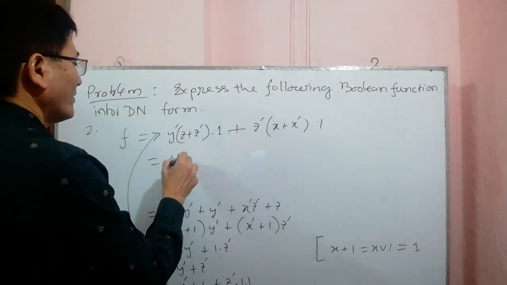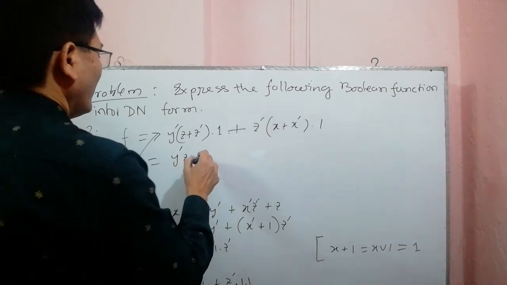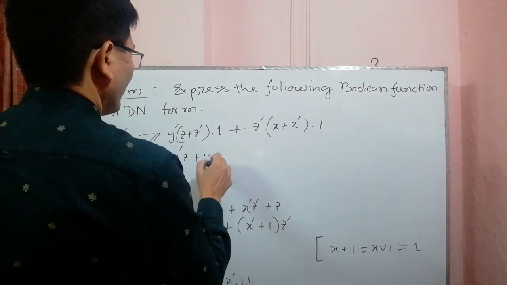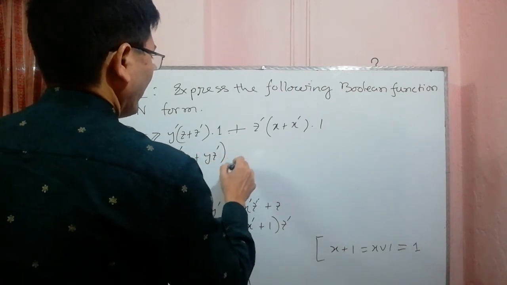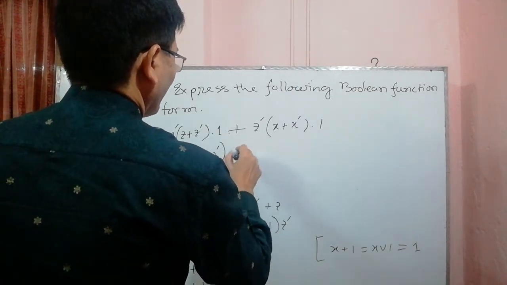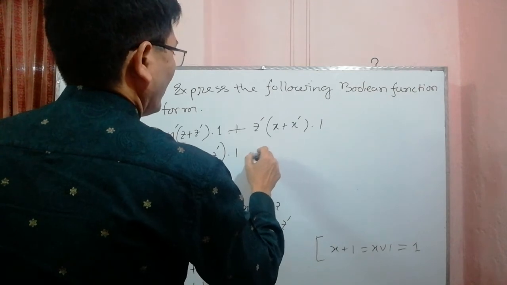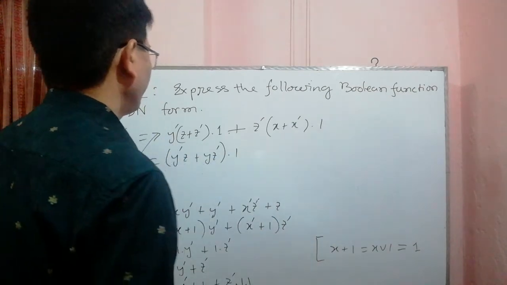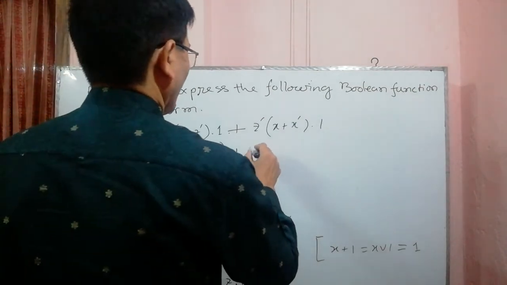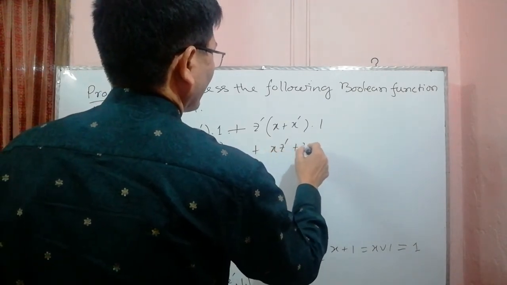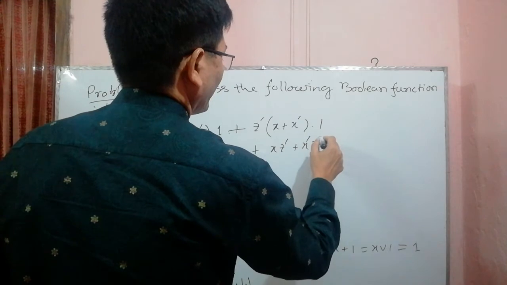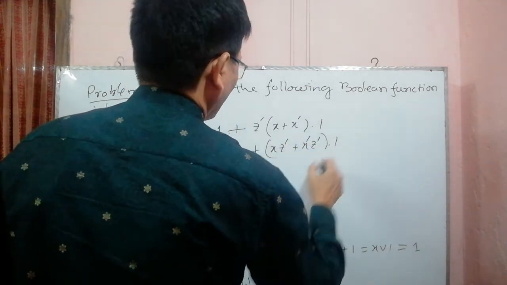Multiply it: y prime z plus y z prime, plus x z prime plus x prime z prime, and still 1.